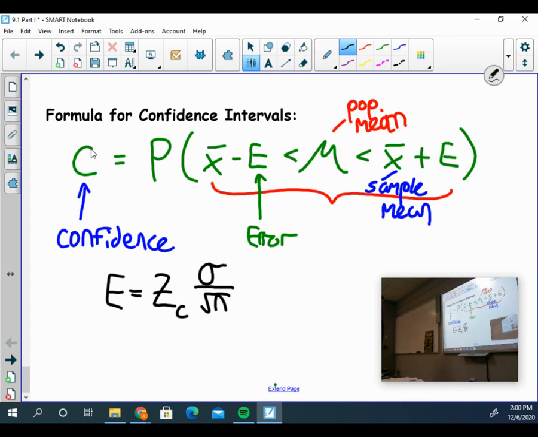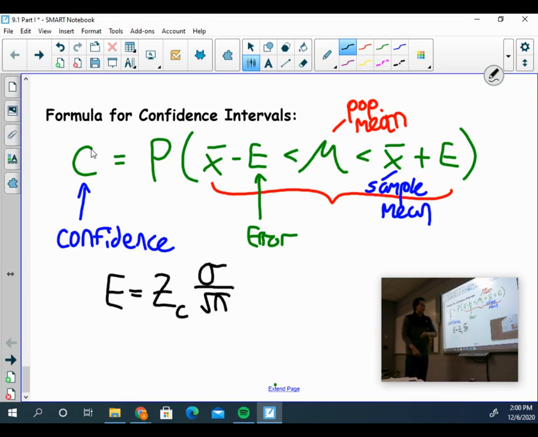Okay, so this is our formula here. Again, what it says is we are 95, 90, 99, whatever confidence level that our population mean is between X bar minus some level of error. And how are we going to calculate that error? We are going to take our critical value that we've talked about above, right? The critical values are the numbers on the standard normal curve that we know so much data is between.